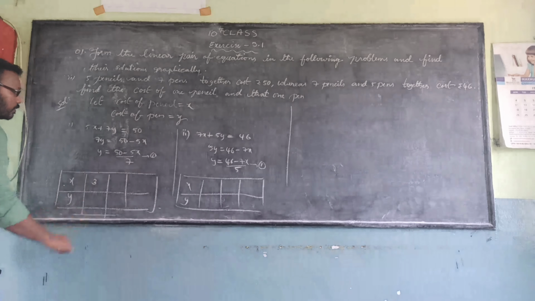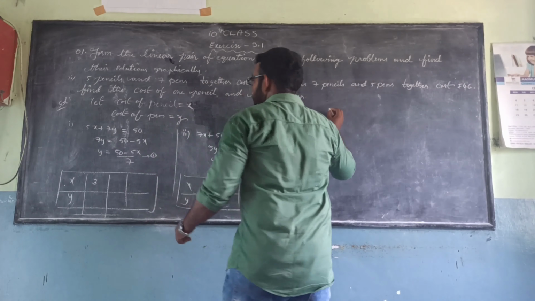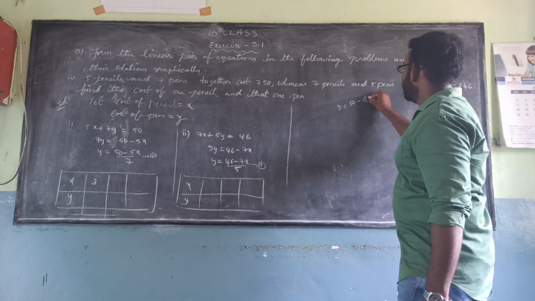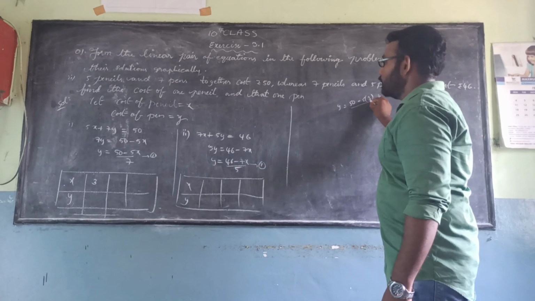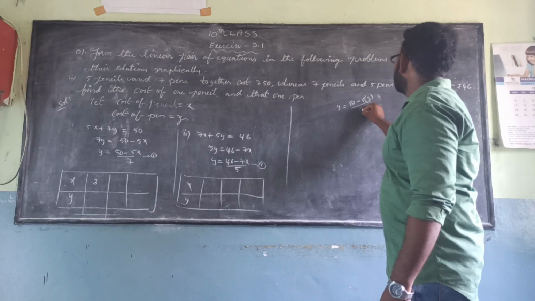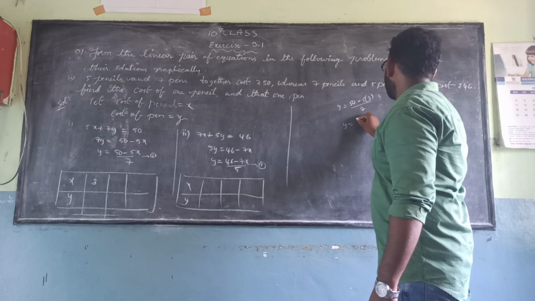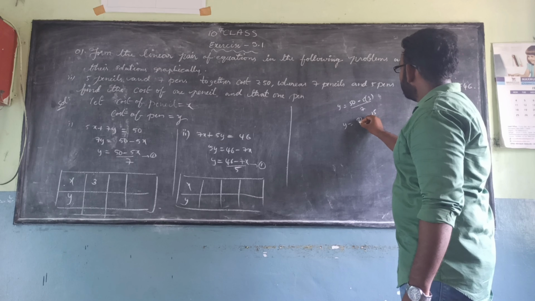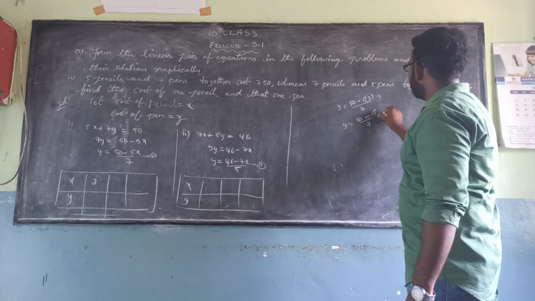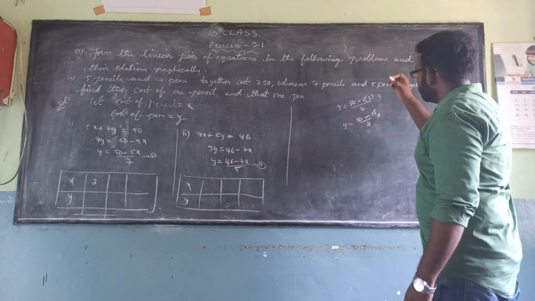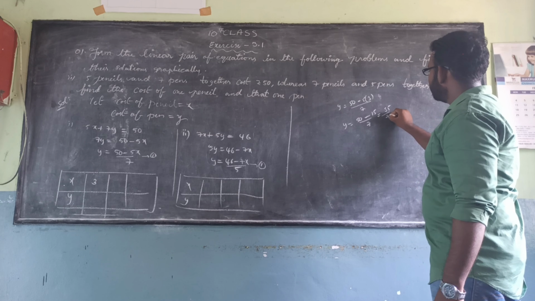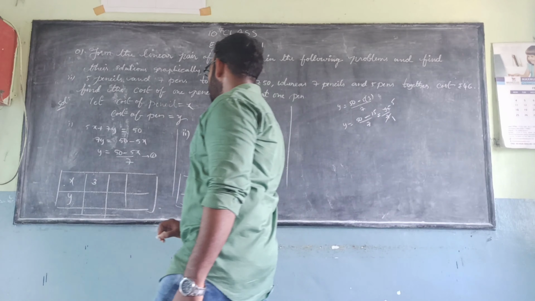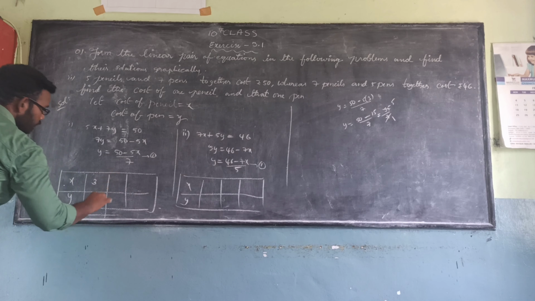If x is equal to 3, then y is equal to 50 minus 5 into 3 by 7. y is equal to 50 minus 15 by 7, that is 35 by 7. 7 fives are 35. The answer is y is equal to 5 here.